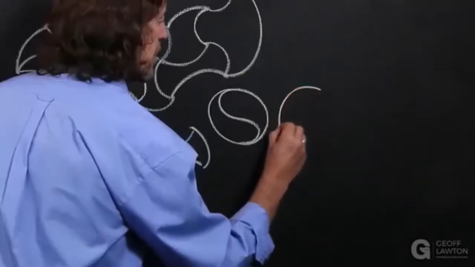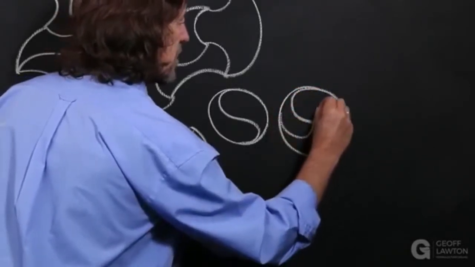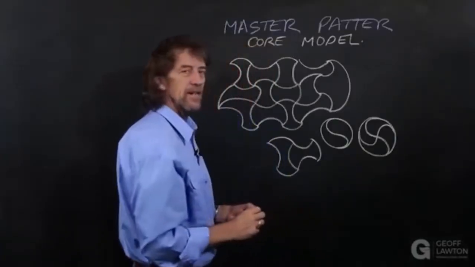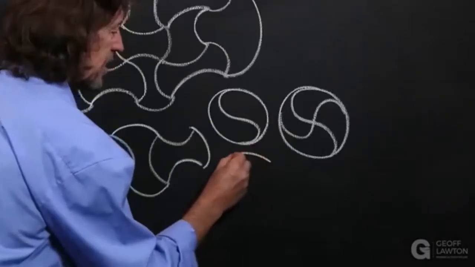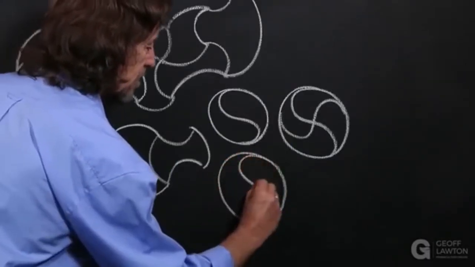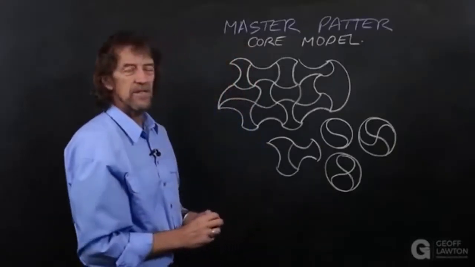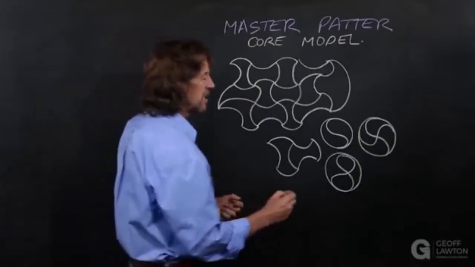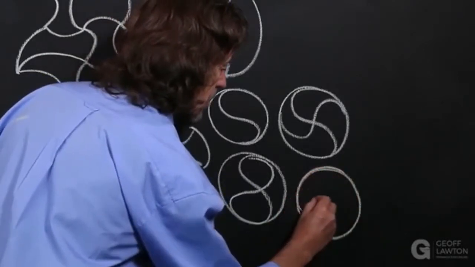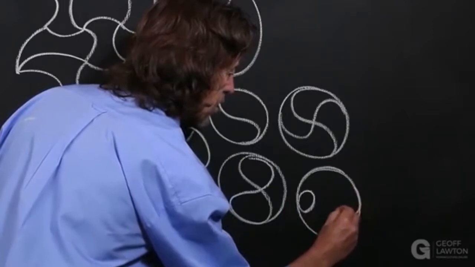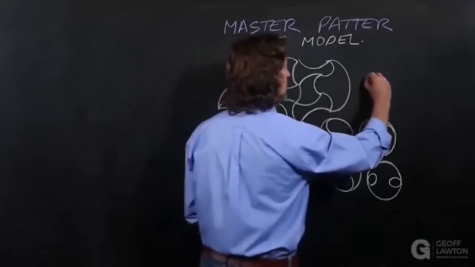And then if you overlay that with another one, you get one of these, which is a swastika pattern. And then if you go the other way and you overlay one of these, you get one of these, which is the infinity pattern. And then if you go one more, you get one of those, which is actually the tessellation.